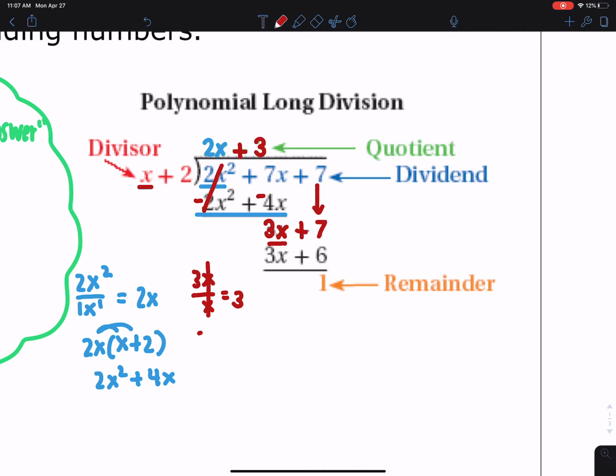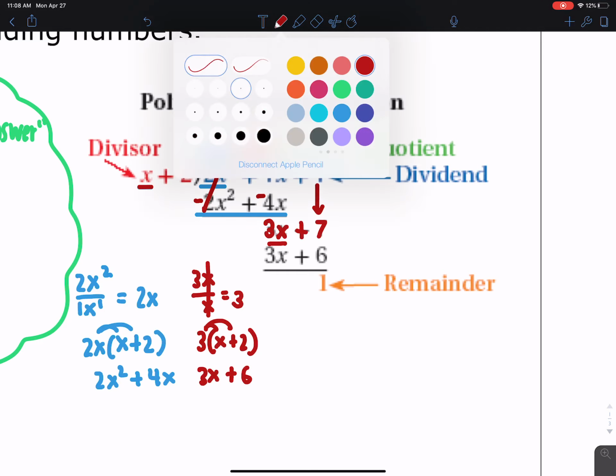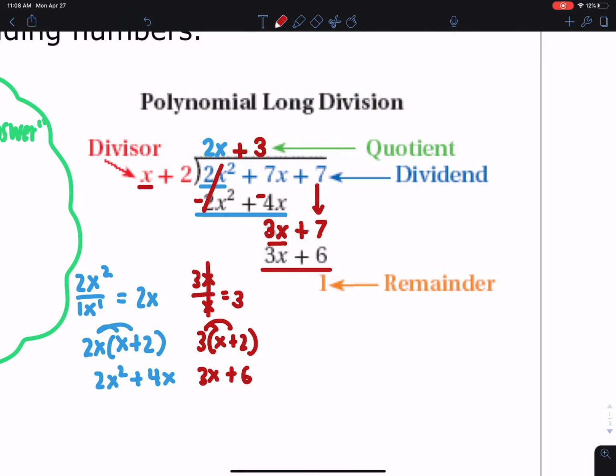And then we have to multiply 3 times our divisor, which is x plus 2. So that's going to give us 3x plus 6. And you can see again that that's here. And we are subtracting both of these. So positive 7 minus 6 gives us 1. So our quotient, our answer to this problem, is 2x plus 3.